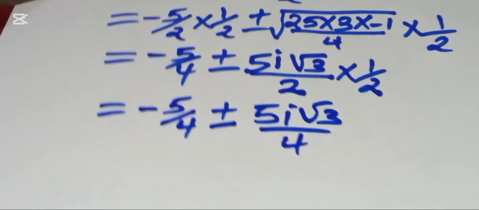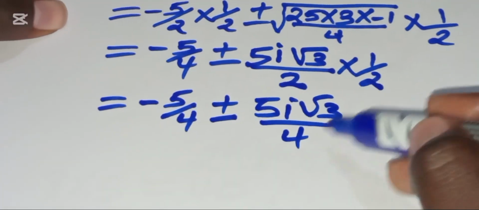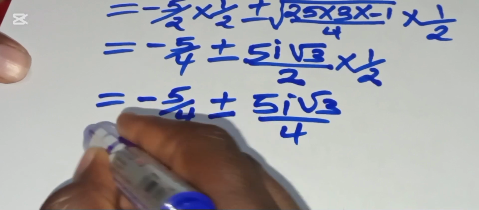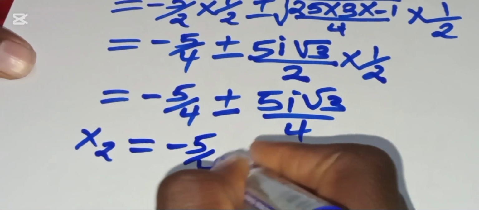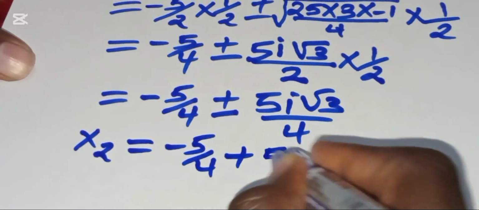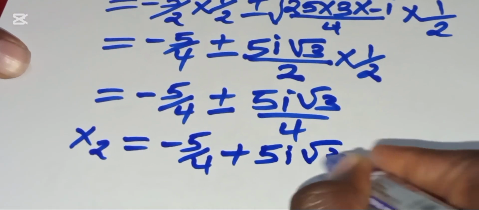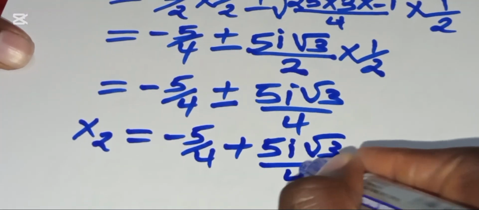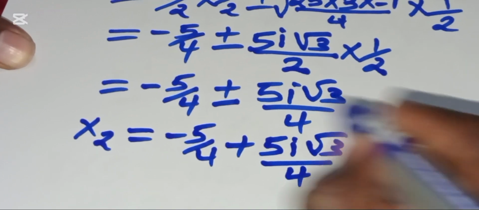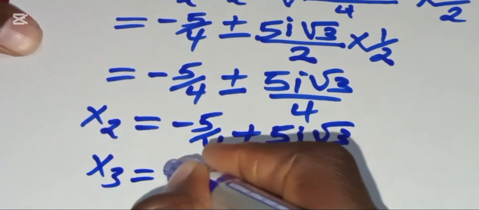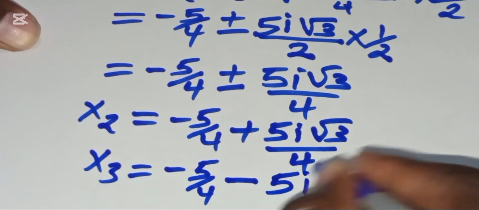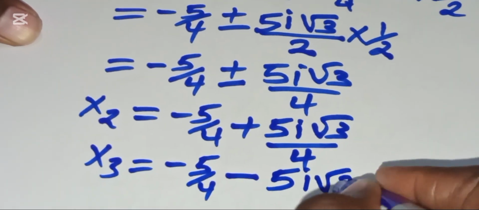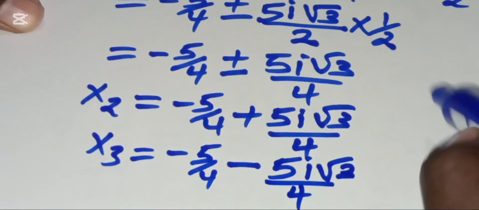So that means we have two complex roots: x2, which is negative 5 over 4 plus 5i square root of 3 divided by 4, and x3, which is equal to negative 5 over 4 subtract 5i square root of 3 divided by 4.